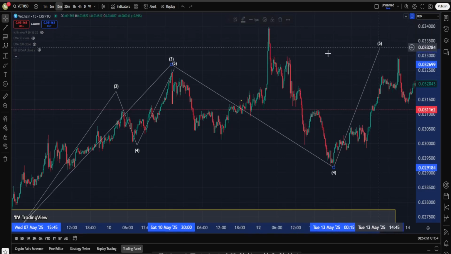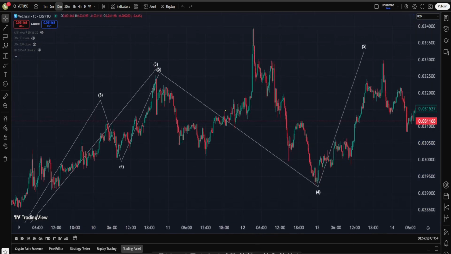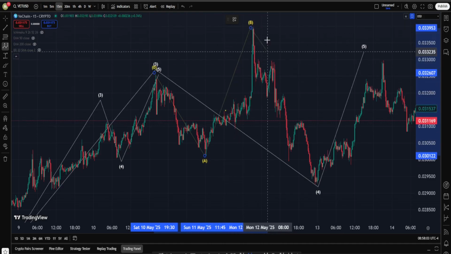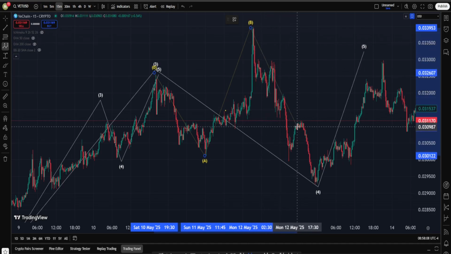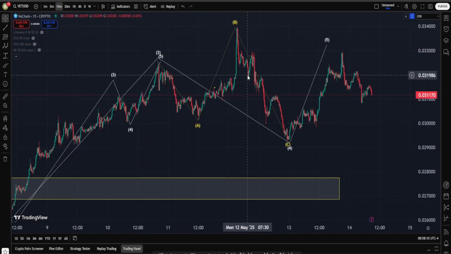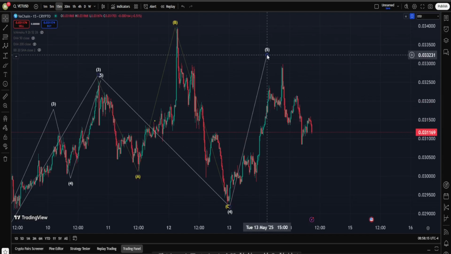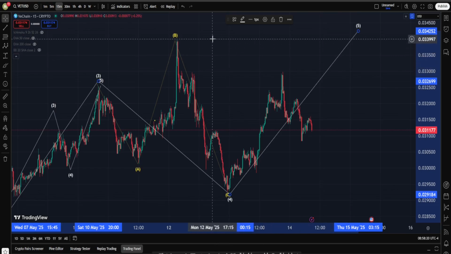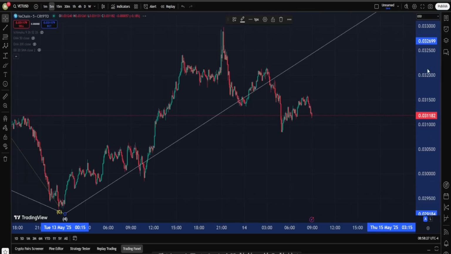Okay, so in my opinion, there is a chance that in VeChain we are having, starting from this high, maybe like an A, B, C down into A, and this might be an A, B, C on the upside into wave B, and followed by that probably like a 1, 2, 3, 4, 5 wave impulsive structure down into our C leg, meaning this is actually an expanded flat to about this point into our wave 4, and we may see in the short term yet another move on the upside into wave 5 in order to take this important high about 3.4 cents.